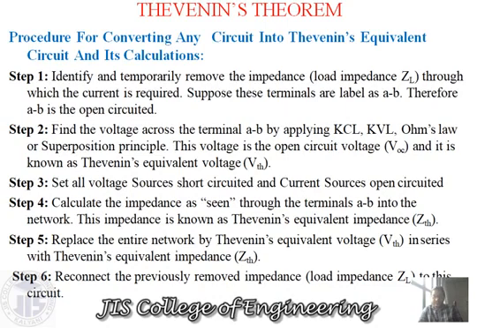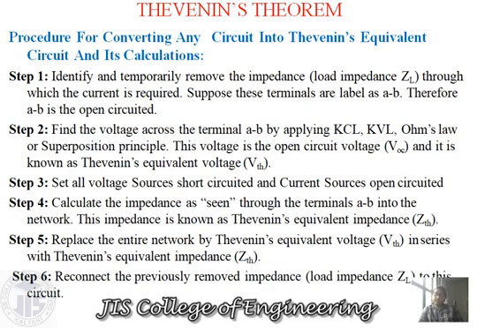And the next is you have to replace all the sources by their internal equivalent resistance. If there are voltage sources, if there are current sources, just like the previous one, you have to replace the sources by their equivalent and look from the load side. It means where your load impedance is, and you have to look for the overall impedance of the circuit, and that impedance will be called the Thevenin impedance.